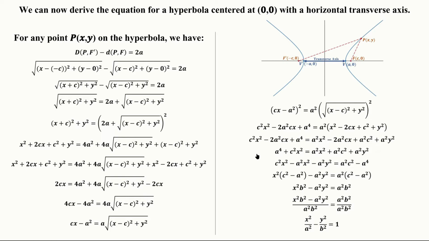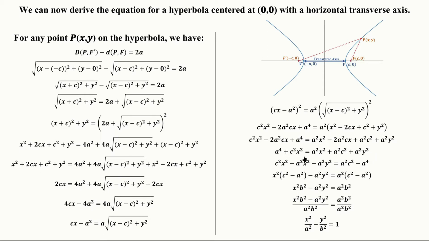Now we notice that there is some simplification that's possible. So we get a to the 4 plus c squared x squared. We cancel out those two terms because they're the exact same term on both sides of an equation. They can be canceled. And on the other side, we get a squared x squared plus a squared c squared plus a squared y squared.